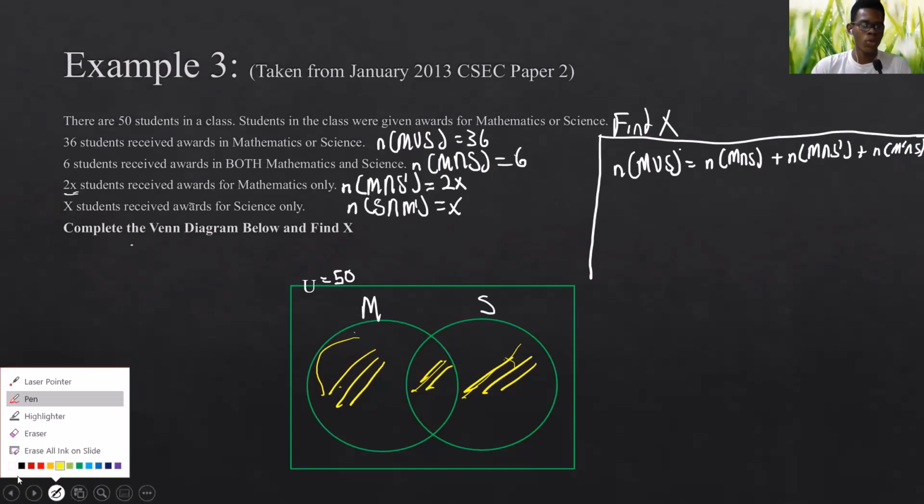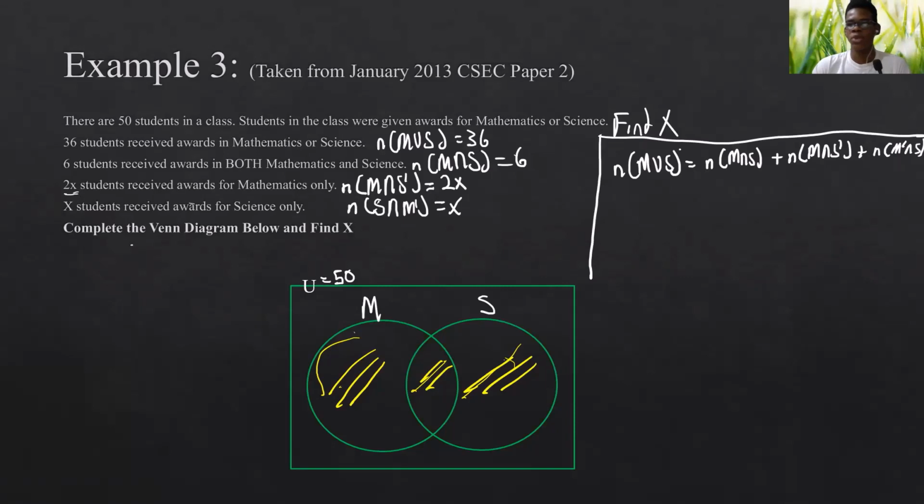With that, just plug in the expressions for each variable. The union is 36 and the intersect is 6, the M only is 2x and the S only is x. And 2x plus x is 3x. So 36 equals 6 plus 3x.